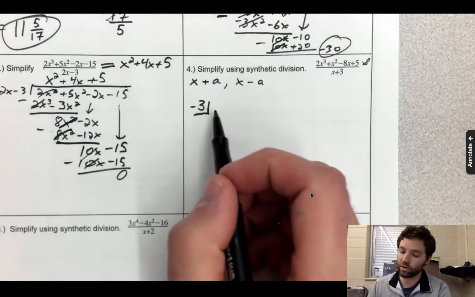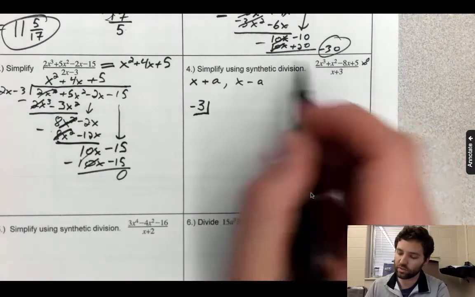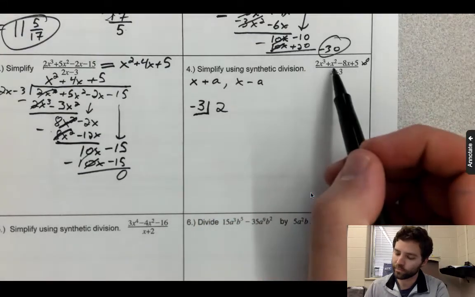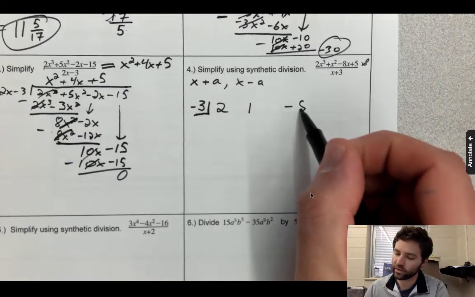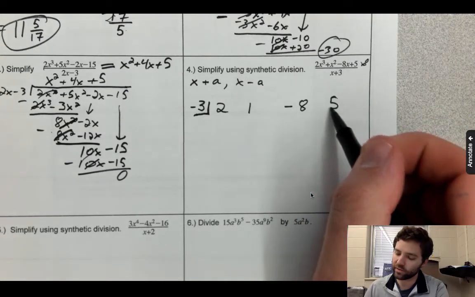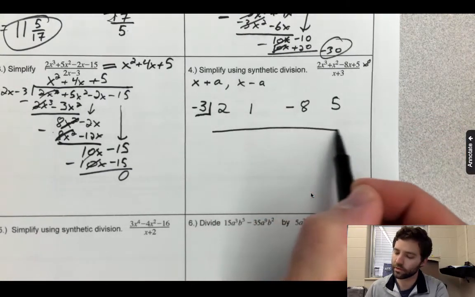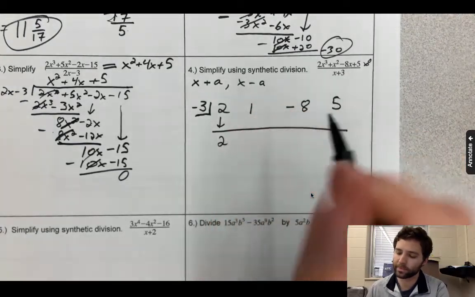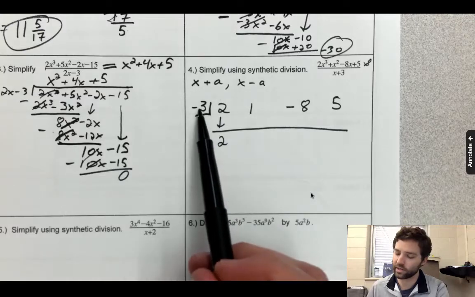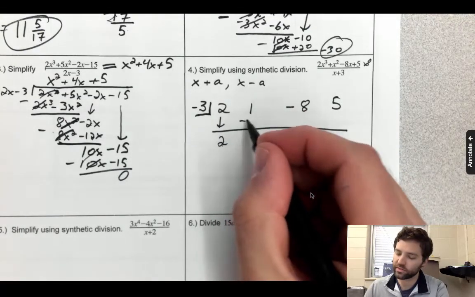And we are going to write the coefficients out. So the coefficient on x cubed is 2, 1 on x squared, negative 8 on x, and then 5 is the last number there, okay? You're going to bring down the 2, and then you're going to multiply. You're going to take negative 3 times 2, which is negative 6.